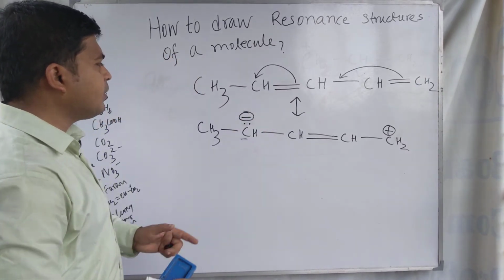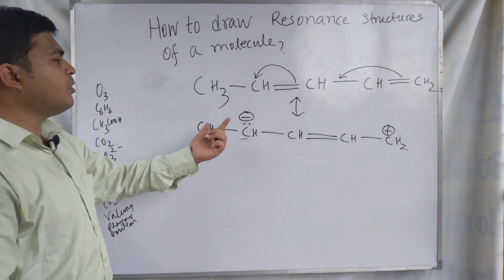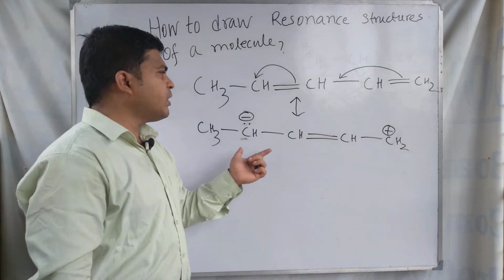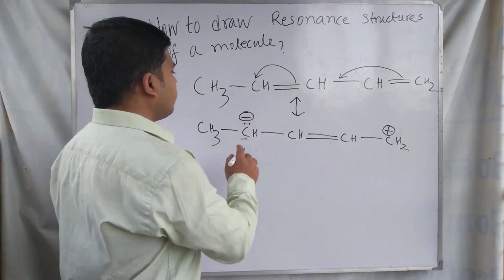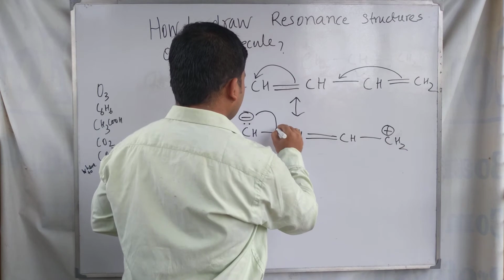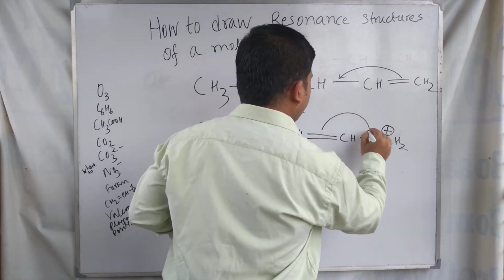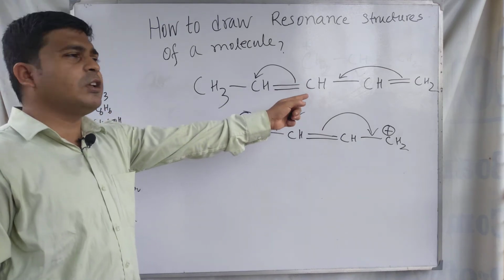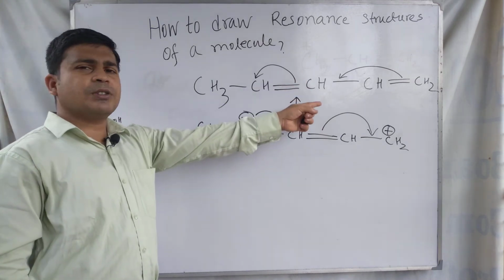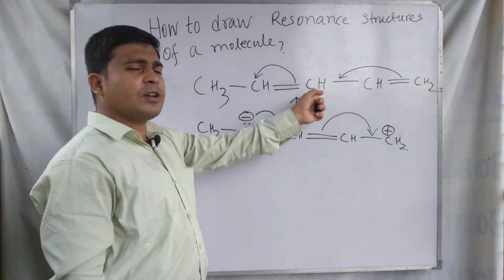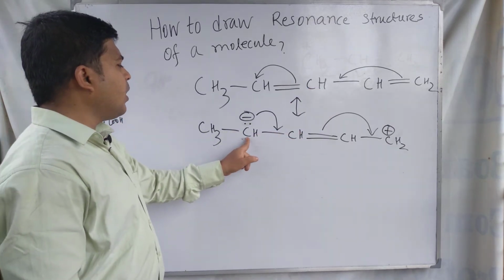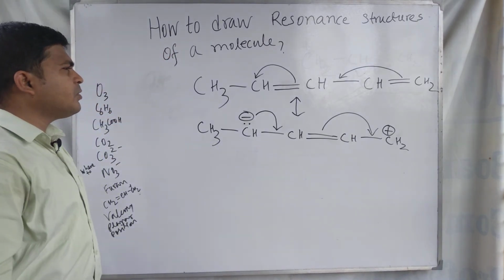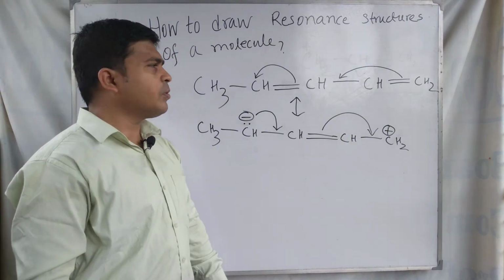Or you can write it as 2 electrons with a negative charge. So this is the resonating structure of this molecule, and you can make the previous structure again by displacement of electrons. So this is the resonance structure of these molecules.